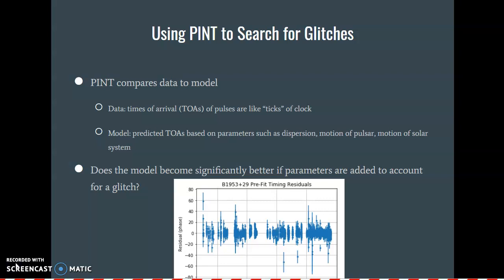Okay, so the program that I use to search for glitches is called PINT.